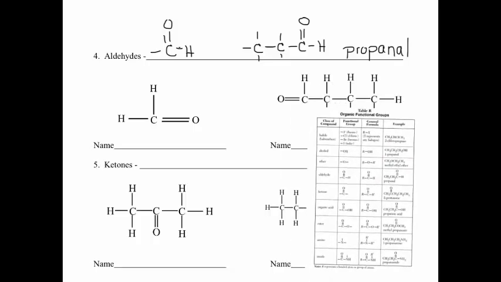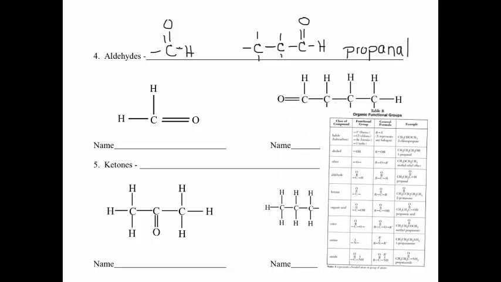All right, let's look at our examples here. This is a 1 carbon aldehyde. That double bonded oxygen on the terminal carbon is telling me I have an aldehyde. 1 carbon, we would call that methane. So we're going to drop the E, and because of that double bonded oxygen on the terminal carbon, we're going to add AL.